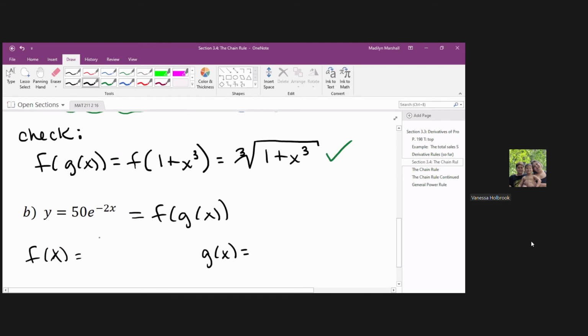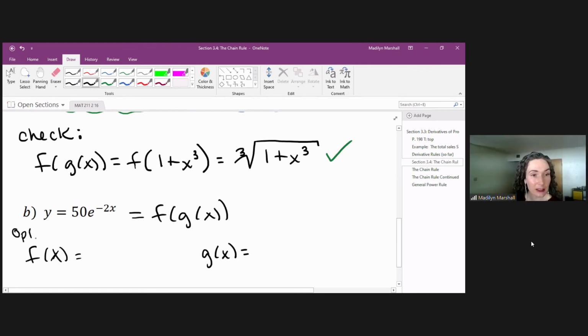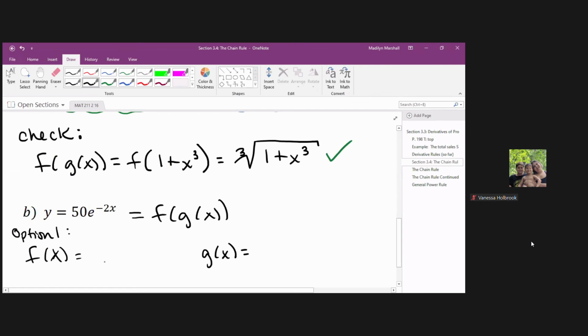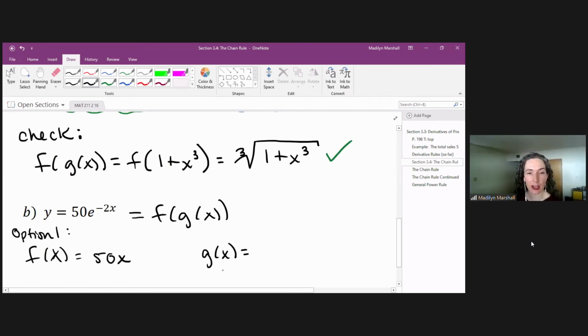Would it be 50x for f of x? That is one way to do it. 50x for f of x, and then what would g of x be?